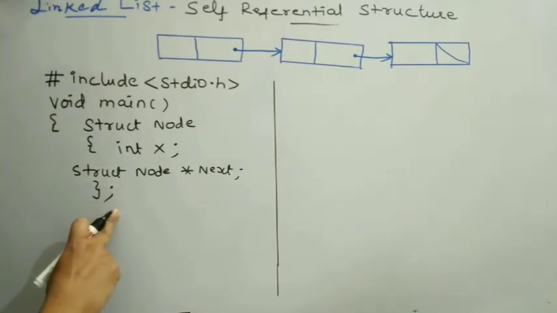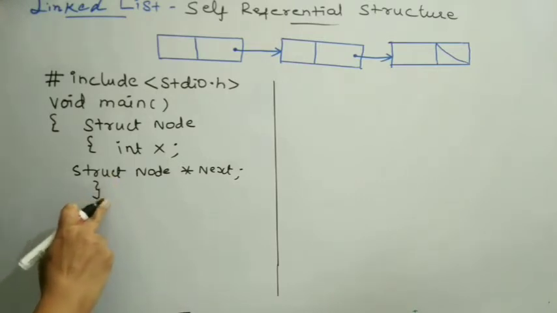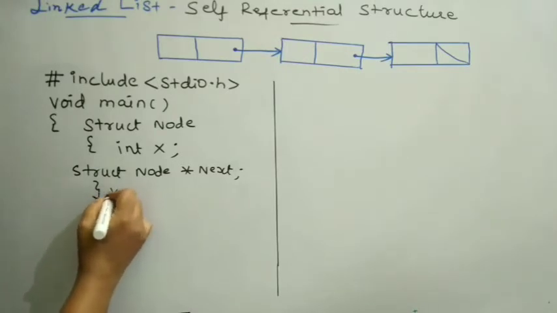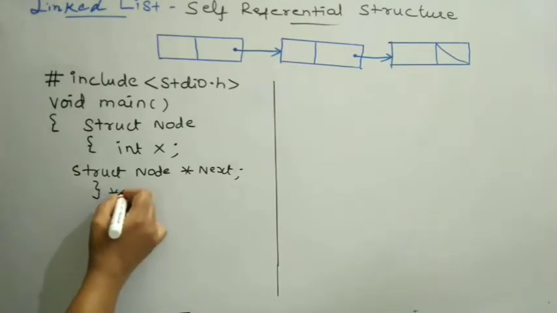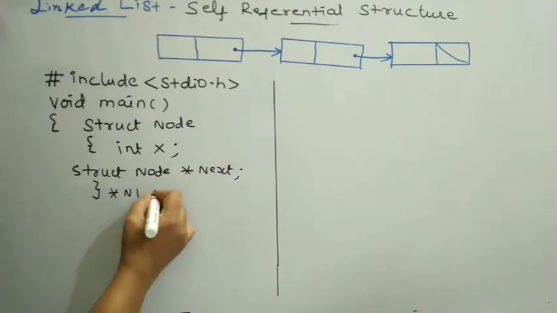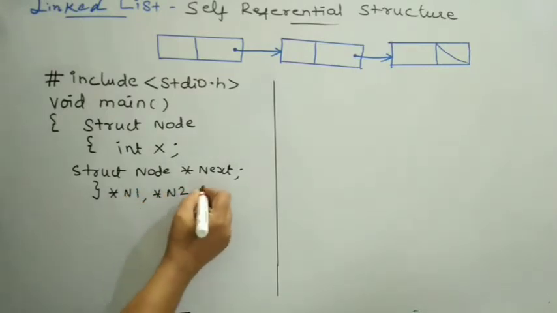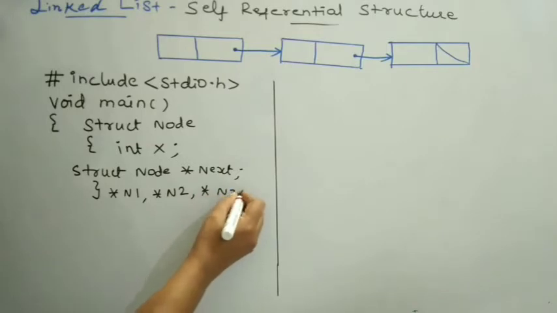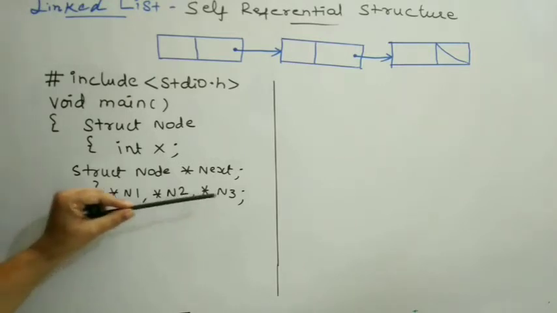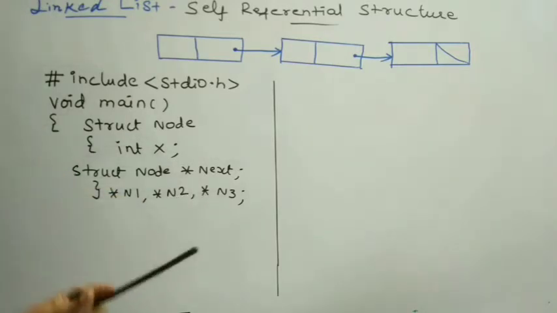Before I end my definition, I want to define structure variables. Here I am going to define pointer variables for this structure. Since I want to create three nodes, I am going to define three pointer variables for this structure: n1, n2 and n3. When the compiler compiles this declaration, what will it do?